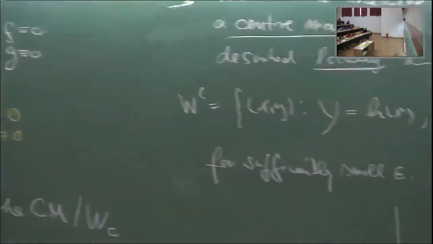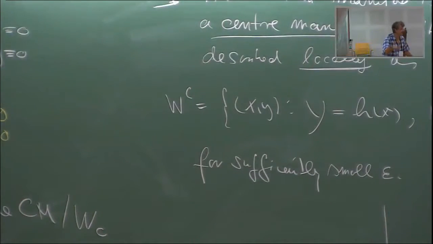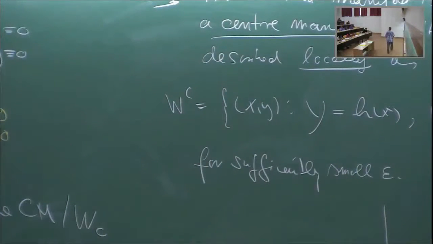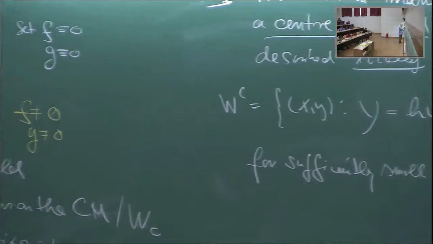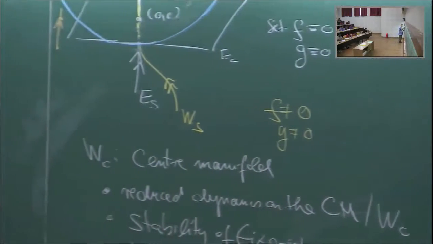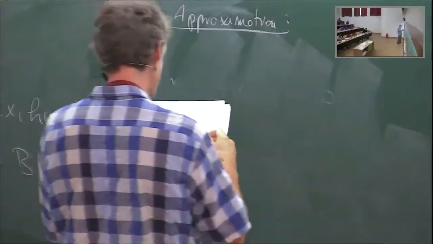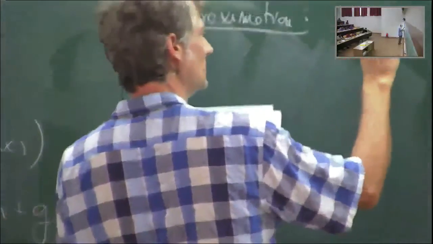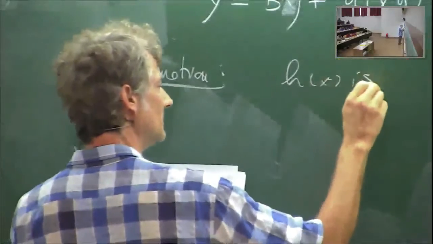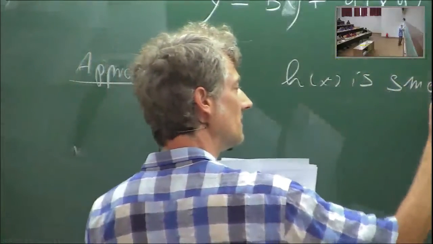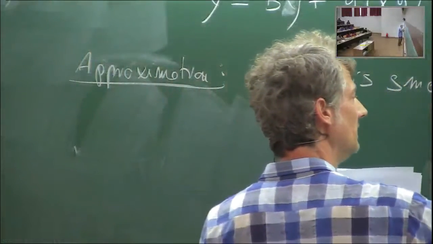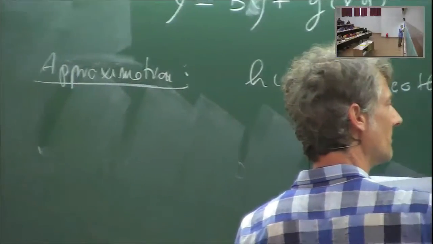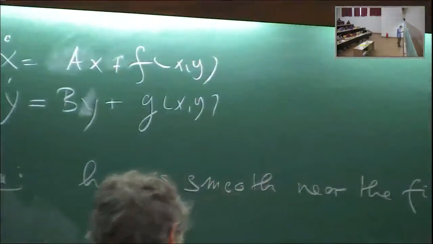again, uses that locally we have a smooth manifold. So let's make an expansion of h. So we look at an approximation. The assumption is h of x is smooth near the fixed point.